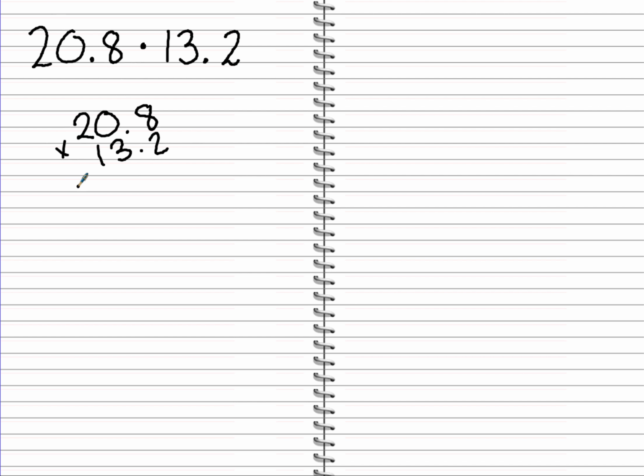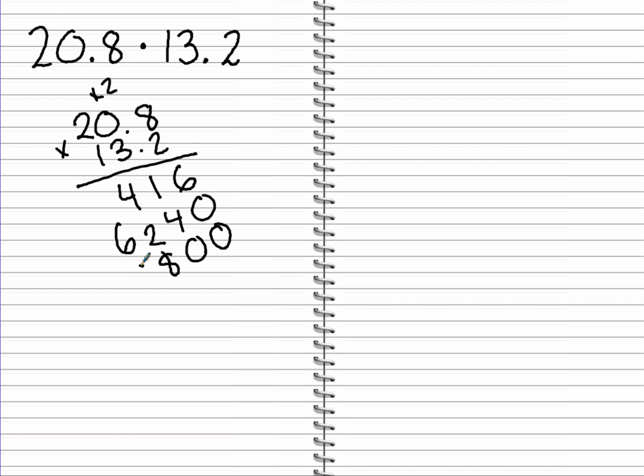2 times 8 is 16, carry your 1. 0 plus 1 is 1, and then 4, add 1 zero. 3 times 8 is 24, carry your 2. 3 times 0 is 0, plus 2 is 2. 3 times 2 is 6. Now you've got to add 2 zeros. 1 times 8 is 8, 1 times 0 is 0, and 1 times 2 is 2.